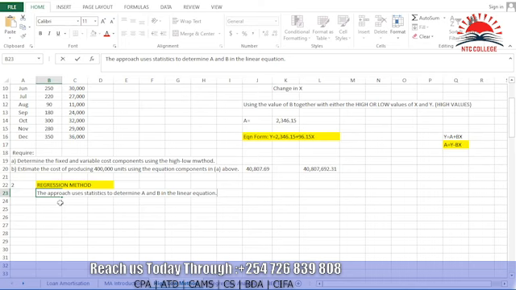One more thing to note is that in Excel we use a feature called, let me call it, the data analysis toolpack or toolkit.